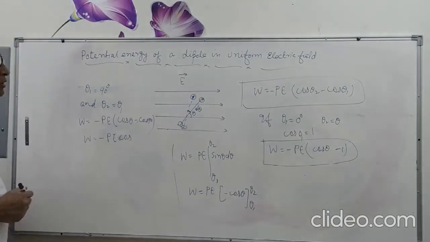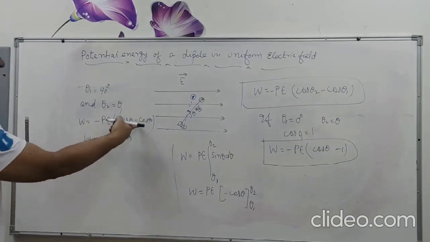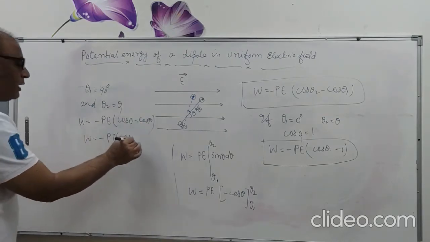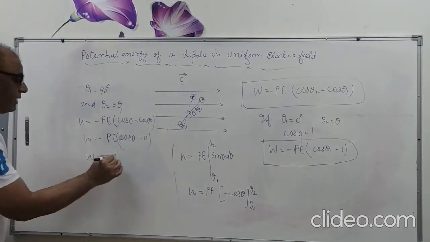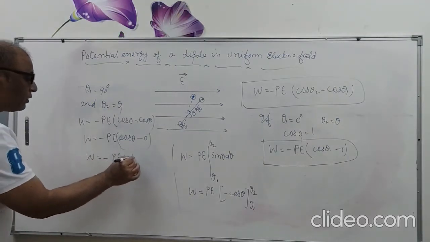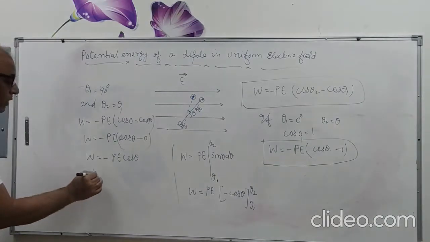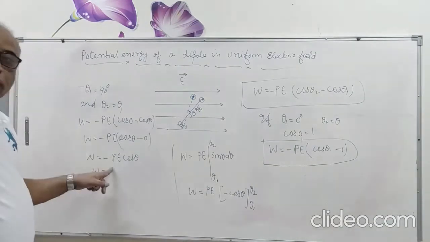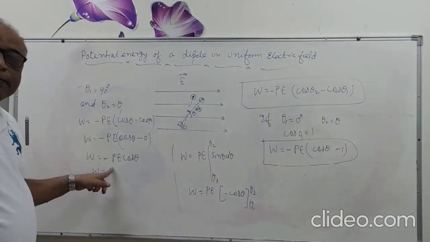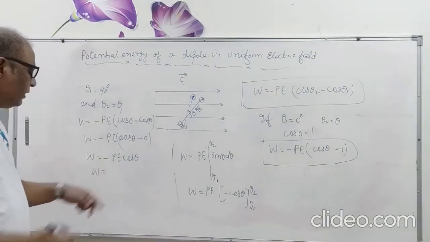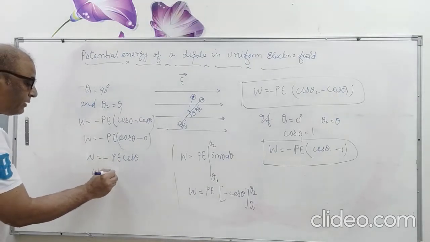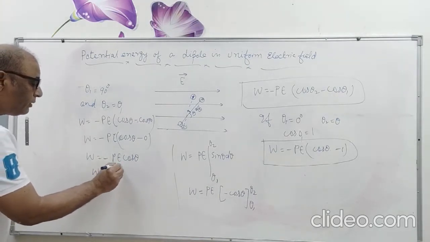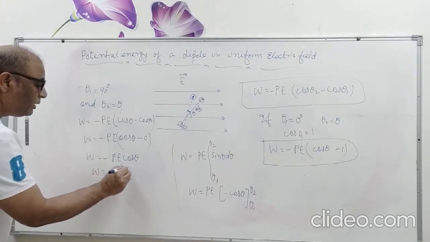Because cos 90 is 0, W is equal to minus PE cos theta. We know that the dipole moment is a vector quantity and the electric field is a vector quantity, so we may write minus PE cos theta as minus P dot E.